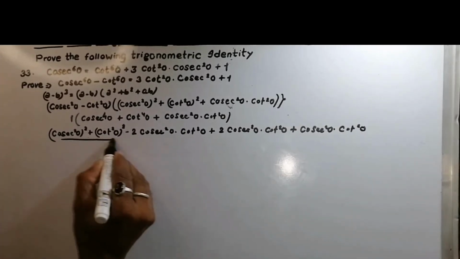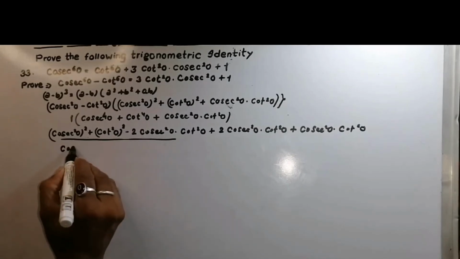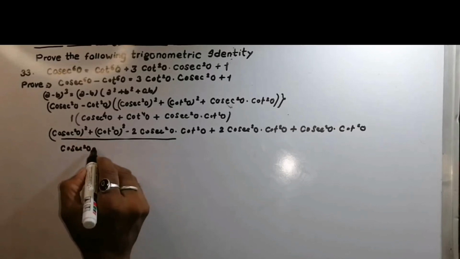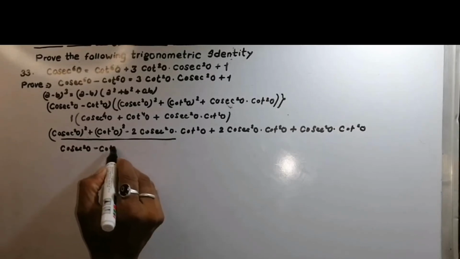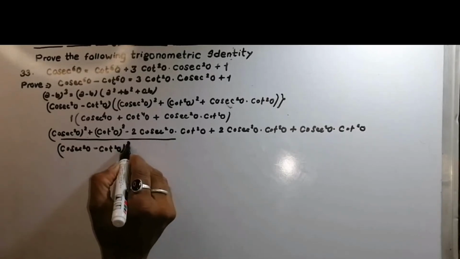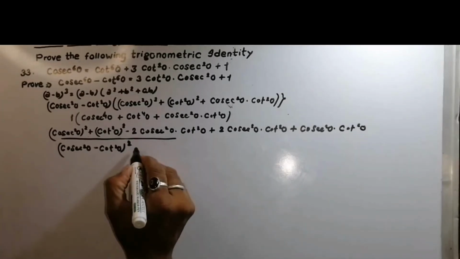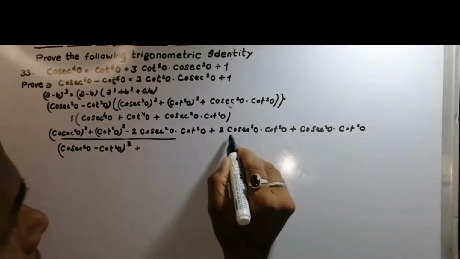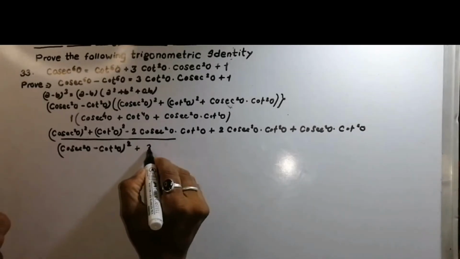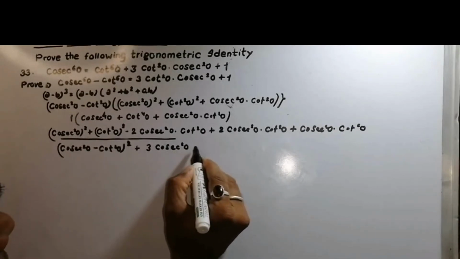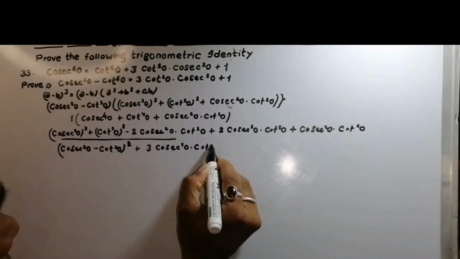So this becomes equal to cosec square theta minus cot square theta whole square, and this becomes 3 cosec square theta into cot square theta.